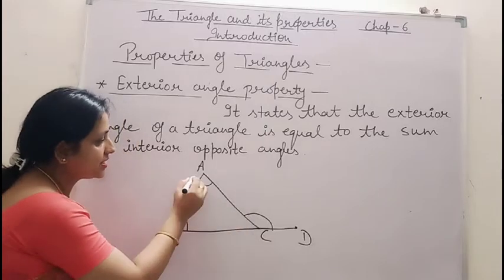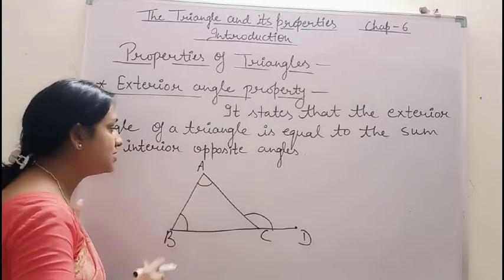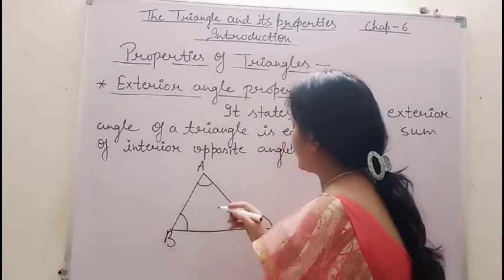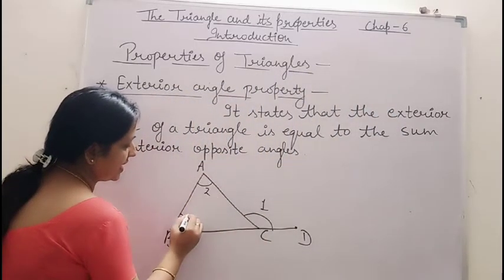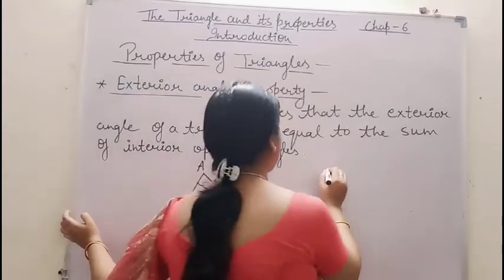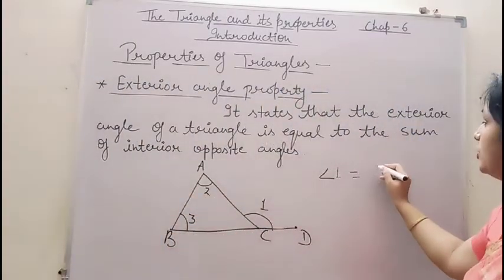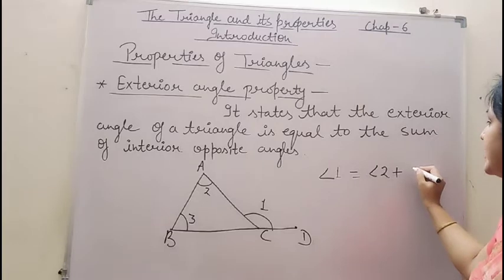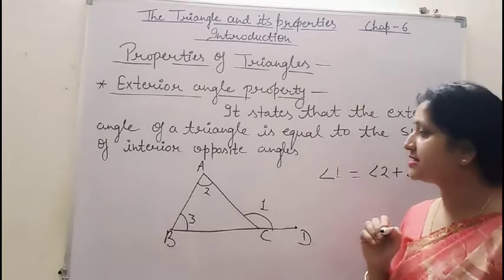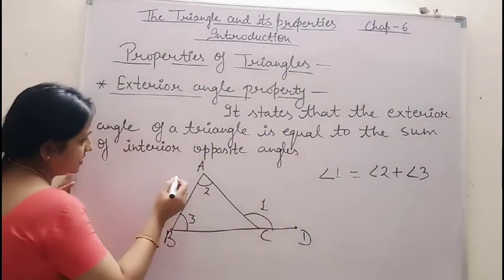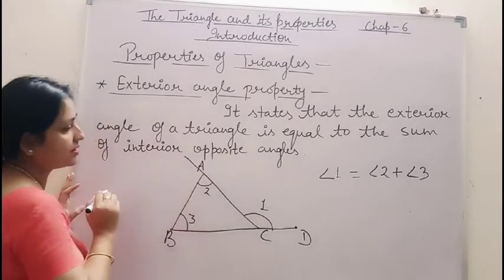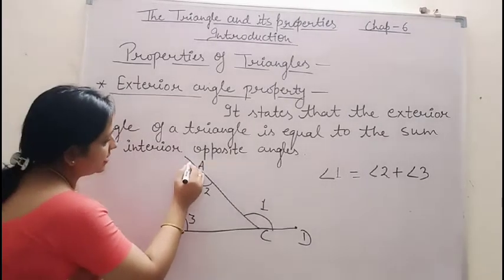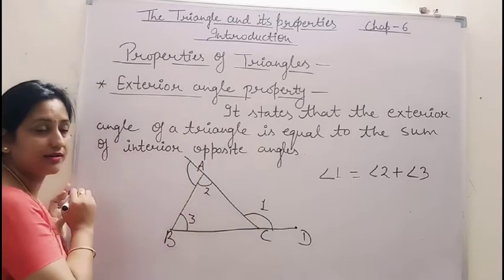So its opposite angles are this angle and this angle. Suppose we give them names 1, 2 and 3. So angle 1 is equal to angle 2 plus angle 3. Similarly, if we extend this line like this, this is your exterior angle.